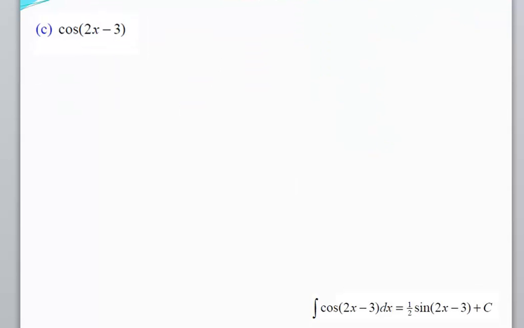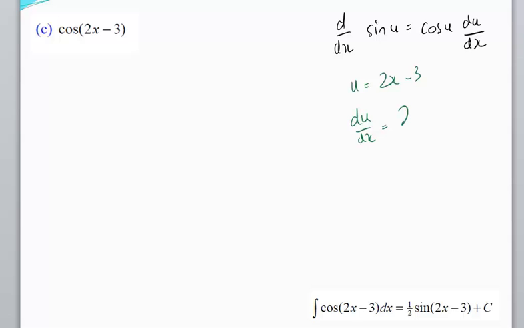For our next example, we'll write our formula out again to start with. We've got d on dx sine of u is equal to cosine of u du on dx. And this is the formula as it appears on our actual formula sheet. We have u is equal to 2x minus 3. So du on dx will be equal to 2. We could use our 1 on a out the front of our cosine of u, but we don't really need to here.